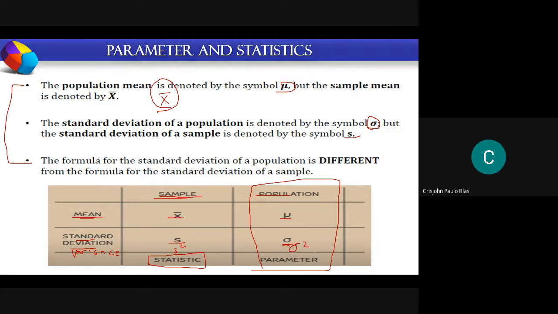On its contrary, if inuna mong kunin si variance, kunin lang si square root, you will have the standard deviation, the sigma. Kung inuna mo si standard deviation, square mo si standard deviation, you will have the variance. Okay?